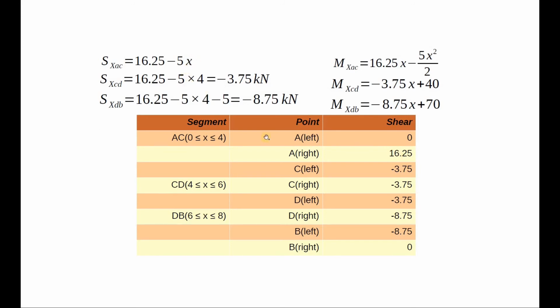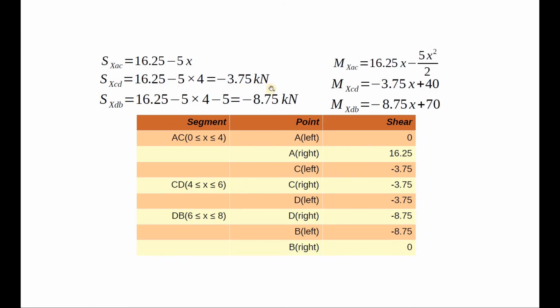Putting x equals 4, we get negative 3.75, which is just to the left of point C. Any loads acting at point C are not considered in this expression. That load will be considered in the expression for the next segment. That is how the shear force values are calculated.